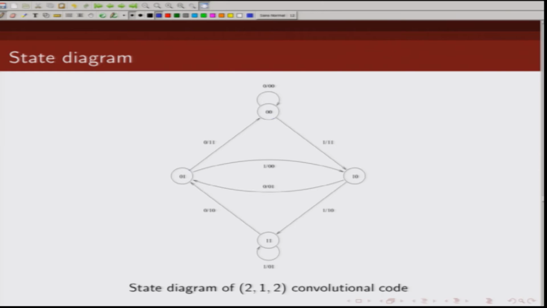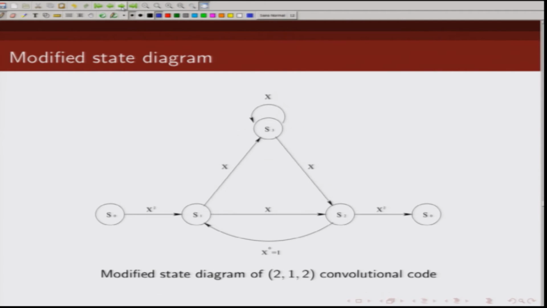Next, we have to label all these branches by the weight of the output bits. So, this will be X^2, this will be X^0 which is 1, this will be X, this will be X^2, this will be X, this will be X, this will be X. If you go back, this is how my modified state diagram will look like.